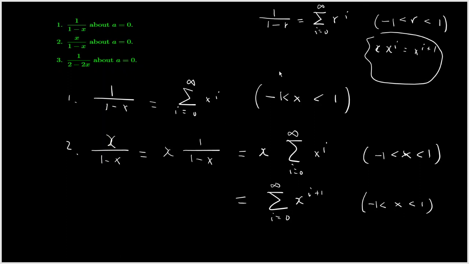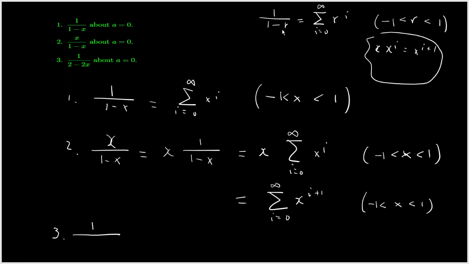Question 3 is kind of similar too. I will give the answer to question 3 very quickly. The same idea: the main thing is how you can manipulate the function so you can see the form of 1 over 1 minus r.